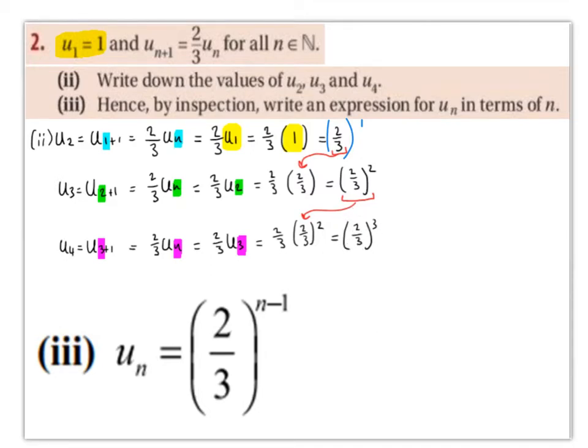So we presume that u5 is 2/3 to the power of 4, and u6 is 2/3 to the power of 5, and u7 is 2/3 to the power of 6, and so on. So we can say that un is equal to 2/3 to the power of n minus 1, because whatever this is, for example, this is a 4, we subtract 1 to get the power. So 4 minus 1 is 3, 3 minus 1 is 2, 2 minus 1 is 1, and so on.